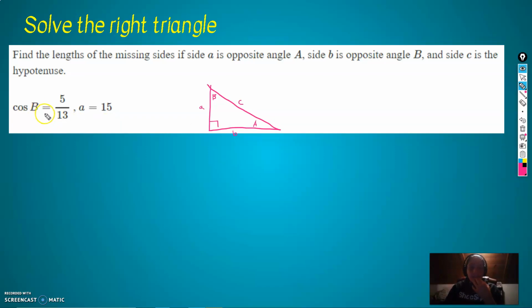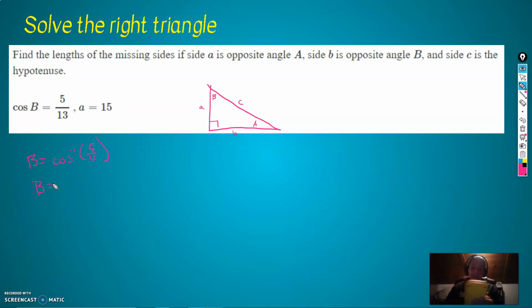Let's see, cosine B is 5/13. So how could I get angle B? Oh, I could use inverse trig, right? Because I could get rid of that cosine. So I could have B equals inverse cosine of 5/13, and that will give me angle B. So angle B is equal to, what is inverse cosine of 5 divided by 13?